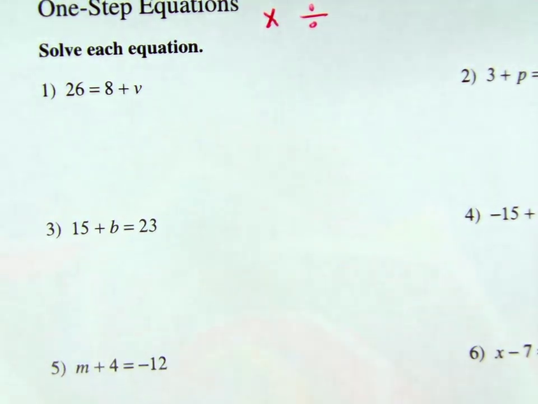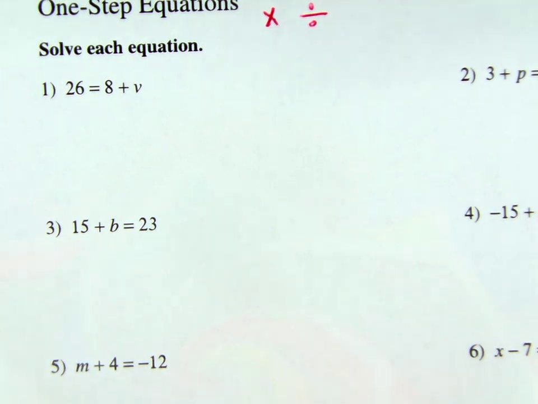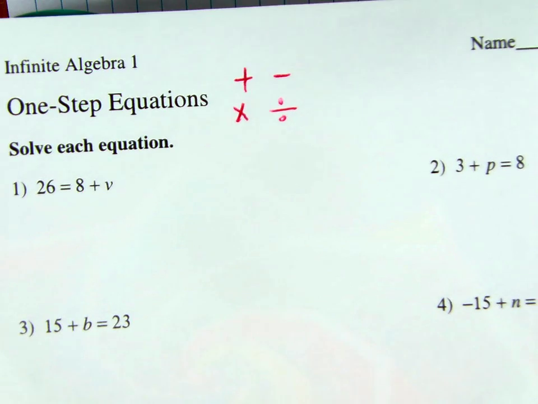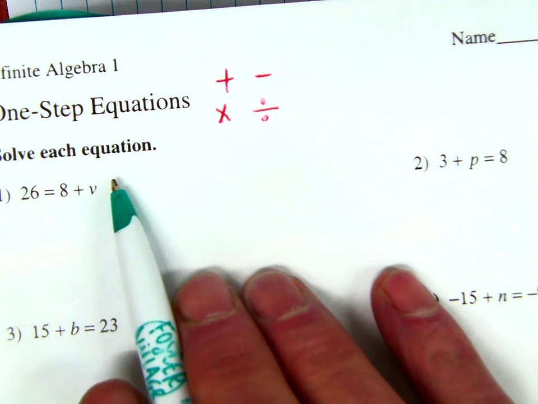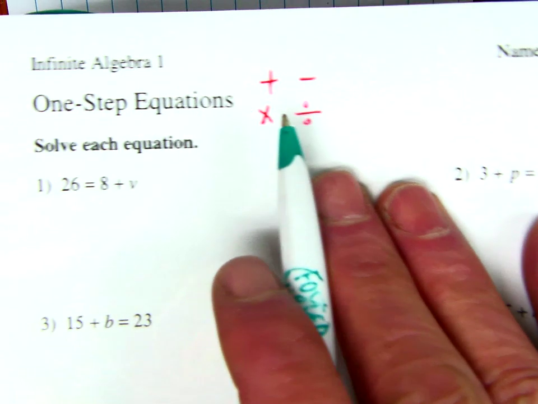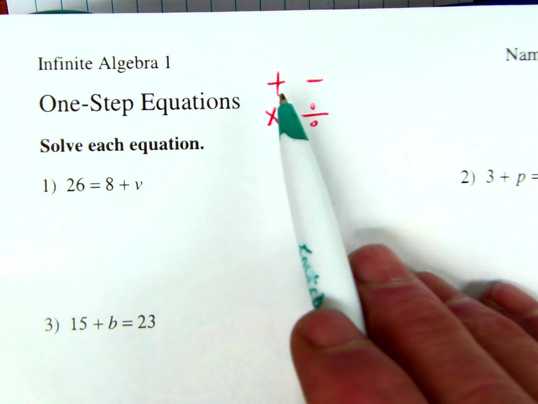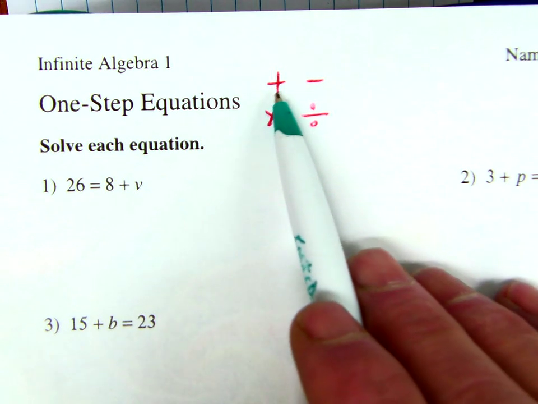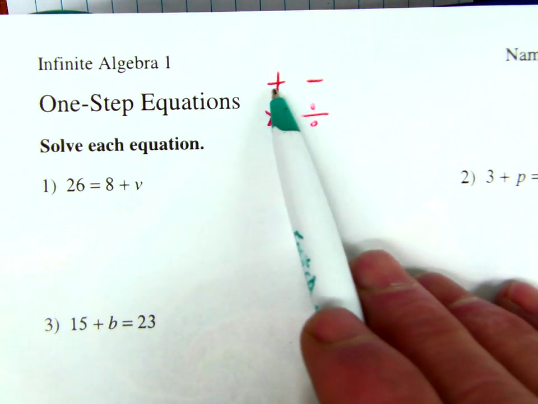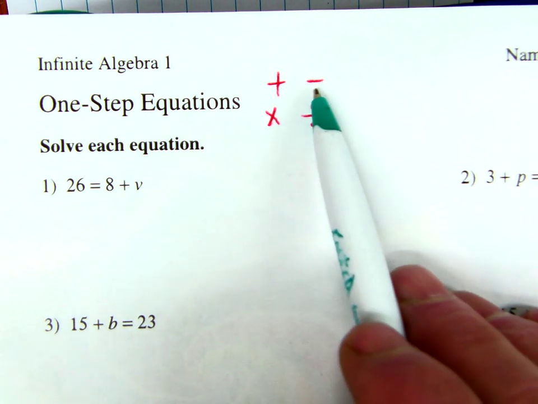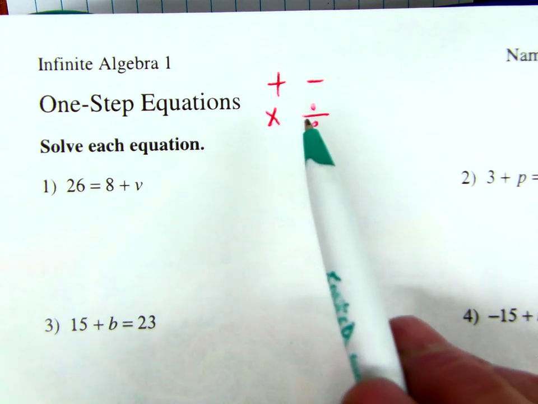A lot of these we can probably do in our head. However, it's the process that we need to get down. The process is called solving one-step equations, and it uses opposite operations. In other words, if we need to move something and it's being added, then we need to subtract it from both sides.